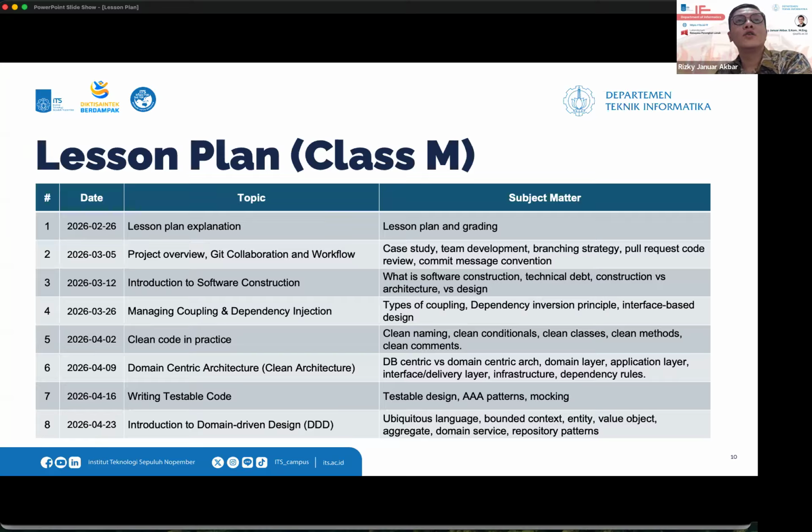So you can differentiate these three phases and you know where to put your activity. If you have certain activities, you know that this activity belongs to construction, this one belongs to architecture, and this one belongs to the design phase.